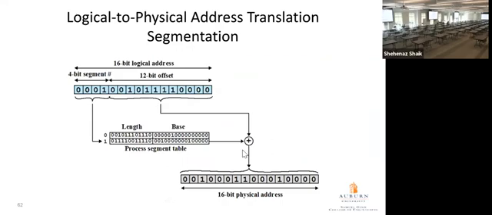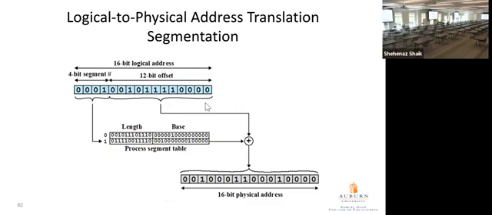And here we have one simple example where, let's say, we have a 16-bit logical address which the CPU sees, included as part of the program. Let's say the first 4 bits represent the segment number, and the remaining 12 bits represent the offset within that particular segment.